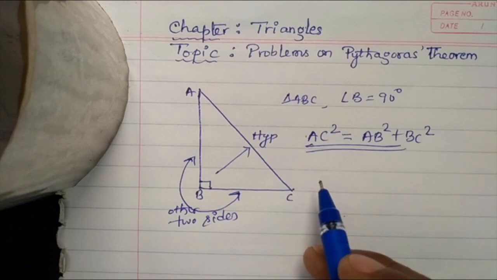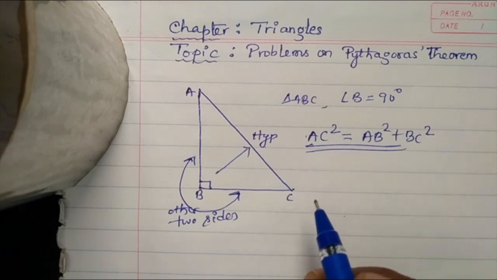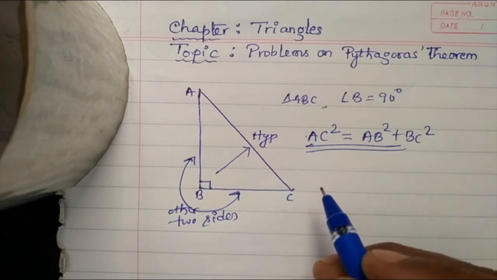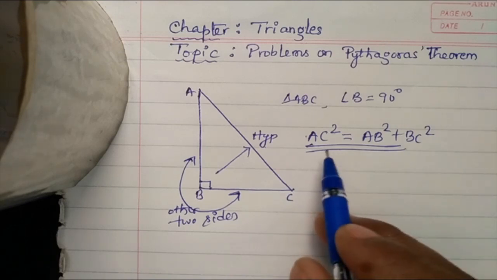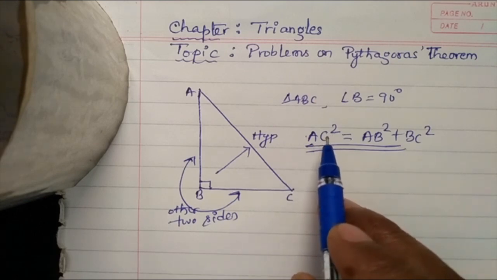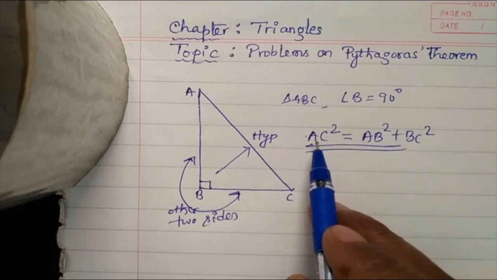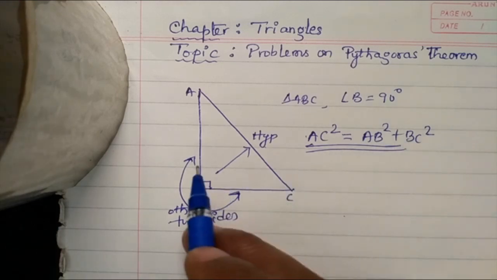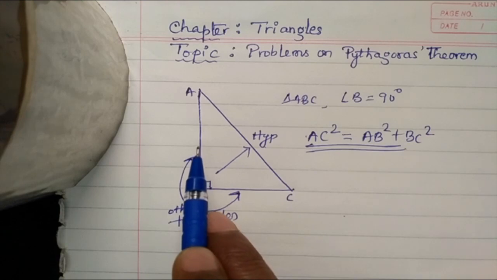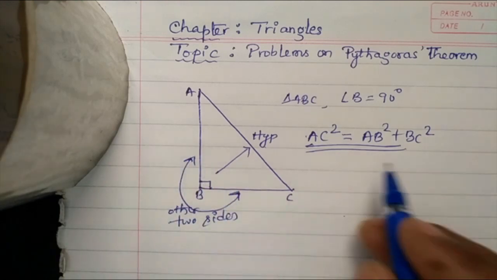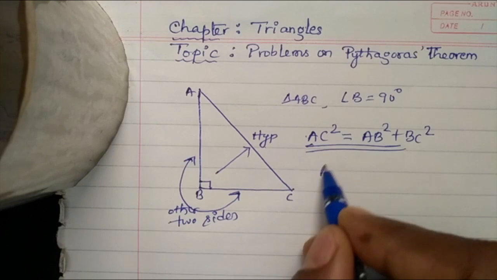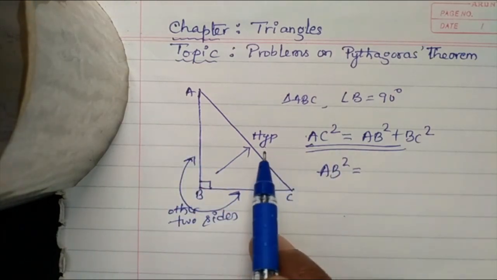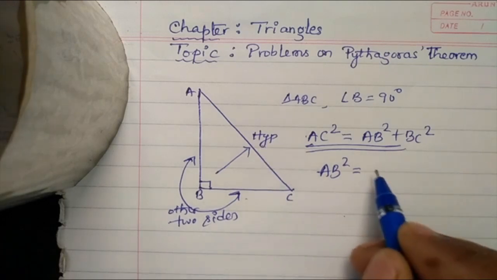But this equation, you can write in two other ways. Which are the other two ways of writing the same equation based on the Pythagoras theorem statement? That is AC square, if you are writing the hypotenuse separately, is the sum of squares of the other two on the other side. If you want to write one of the other two sides separately, like AB square, then you need to write AC square minus BC square.